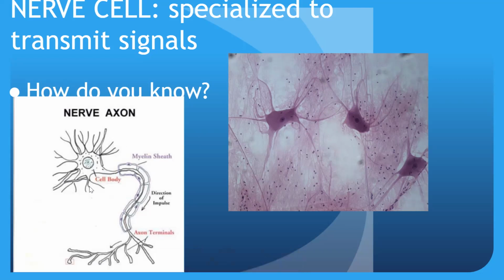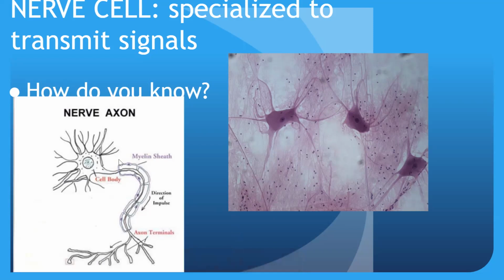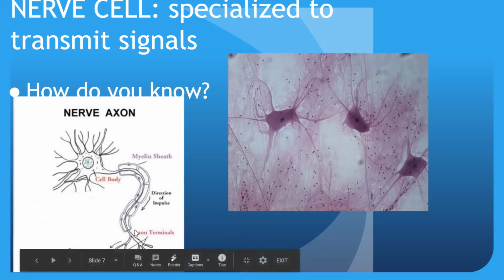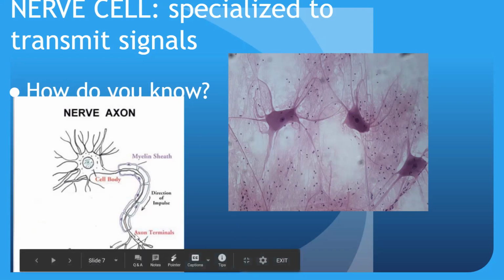And signals are sent through the cells and passed on that way. See, as the signal comes in at the top of the nerve cell, it moves through the body of the cell, moves through the myelin sheath of the cell, and exits at the axon terminals where it connects to another cell and sends the signals.